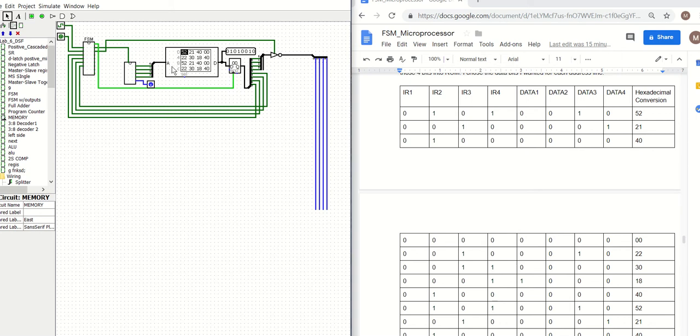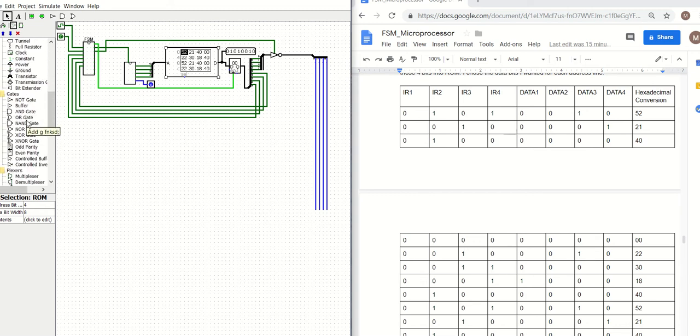But then I found that with the built-in read-only memory function here, if I plugged in a 4-bit address, that would correspond to 16 lines.